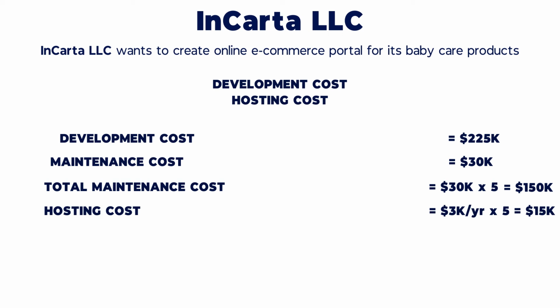So it becomes $15,000 for 5 years. So the TCO in this case is $225,000 plus $150,000, which is the maintenance cost, plus $15,000, which is the hosting cost. That means the total cost of change or total cost of ownership for that product is $390,000.